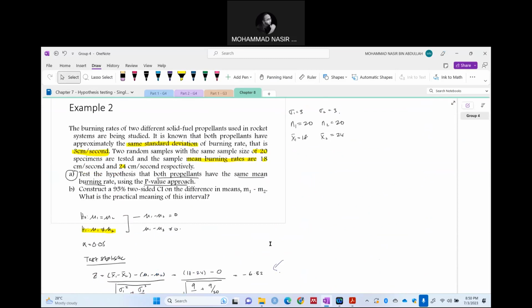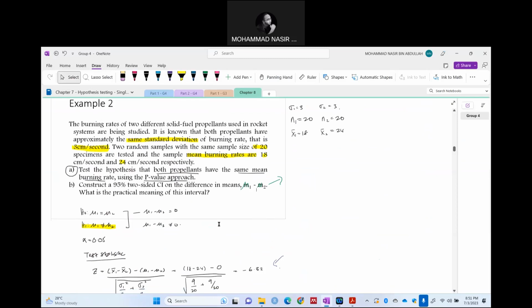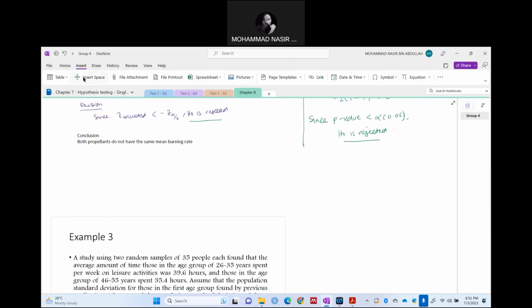Okay, so the next part, which is B. This is mu1 and mu2. Construct a 95% two-sided confidence interval on the difference in means, mu1 minus mu2. What is the practical meaning of this interval? So let me put it down here.